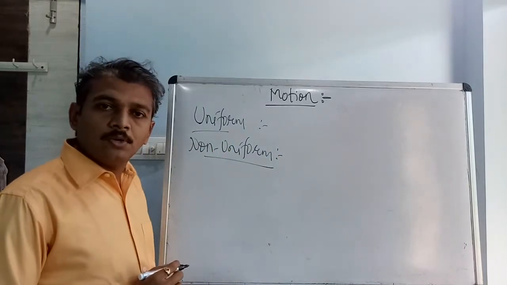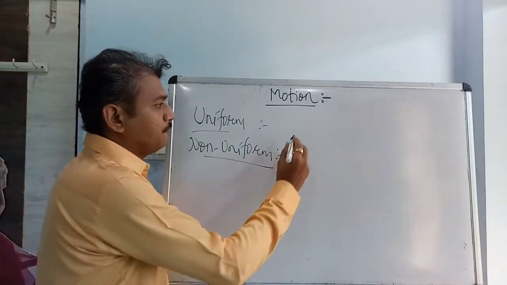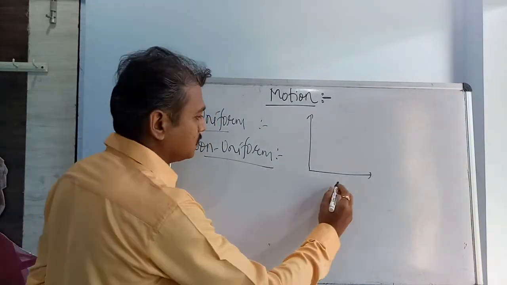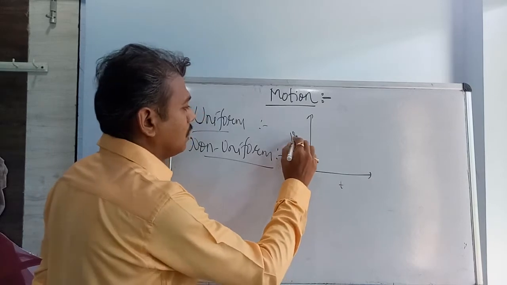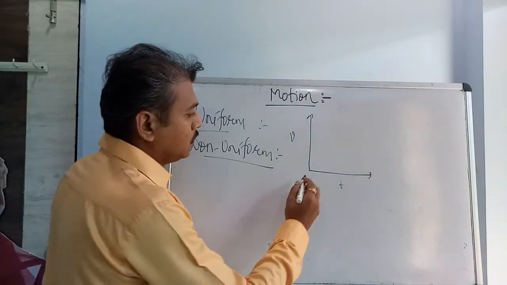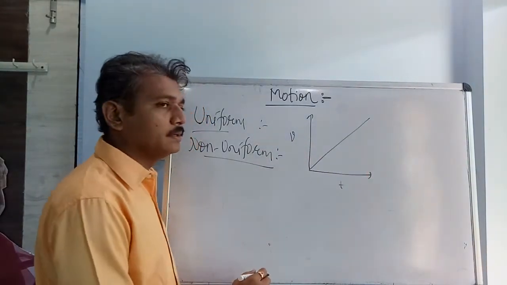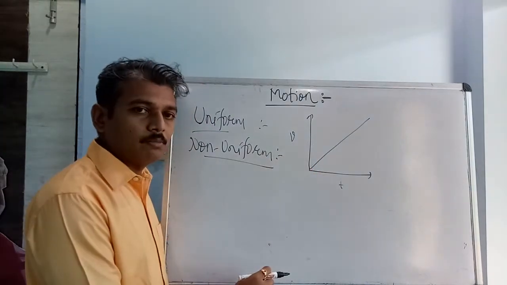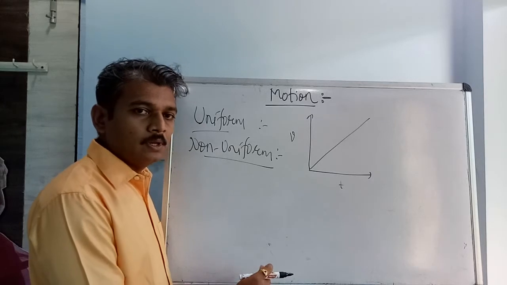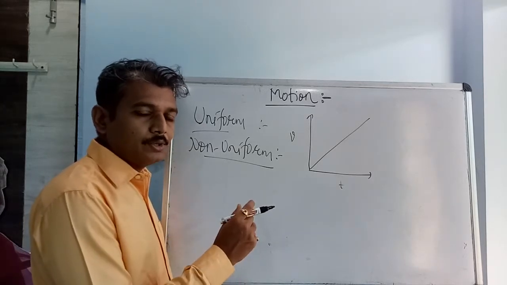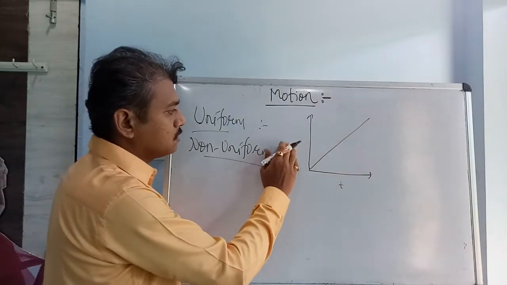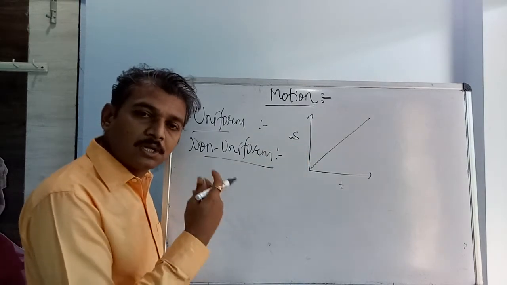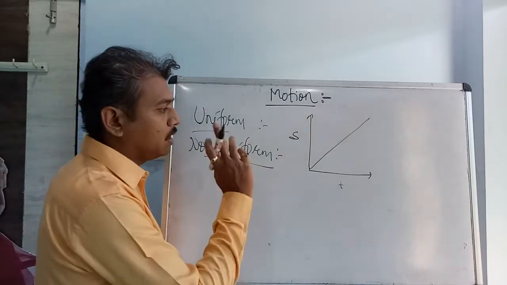Now if we talk in terms of a graph, if this is time and this is velocity, and such a graph is made, then such motion can be called uniform motion, because a motion in which equal distance is covered in equal interval of time is called uniform motion.